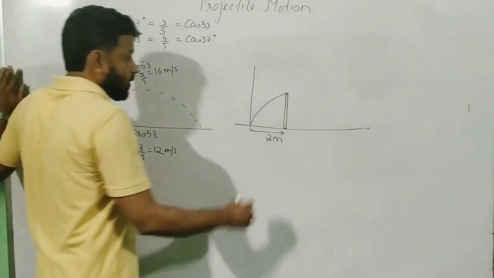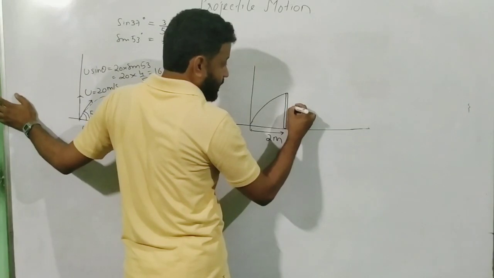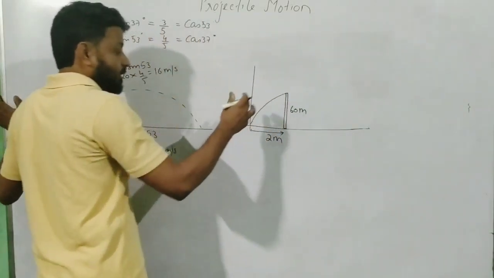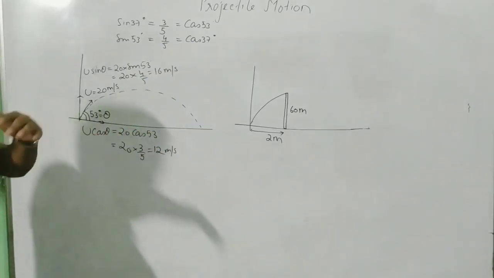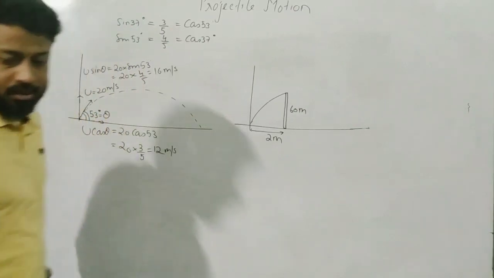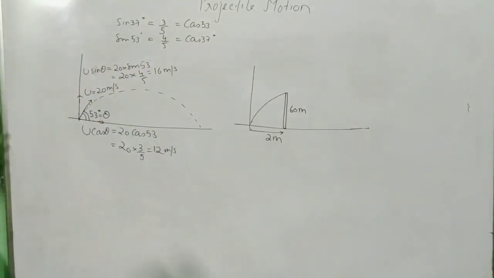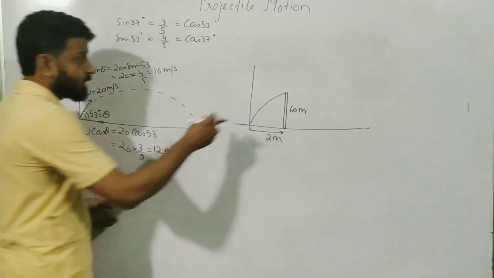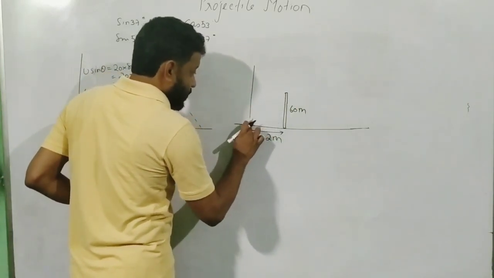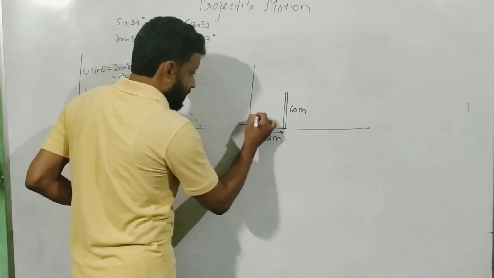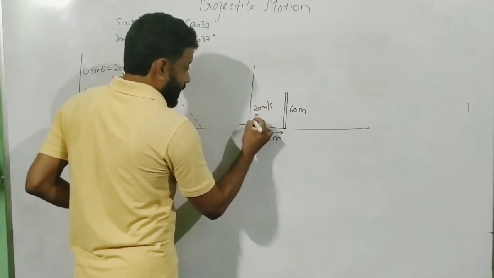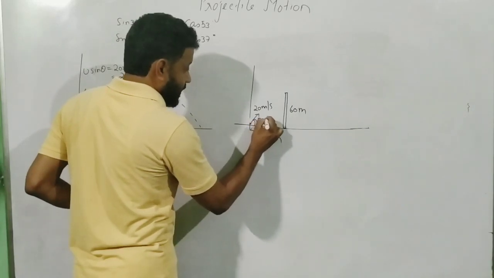There is a wall of height, let us say 60 meter. A wall is present at a distance of 2 meter, and that wall is having a height of 60 meter. I'm just exaggerating, no issue. At the end, we will learn the topic. Now, the question is this: if I project a particle with a velocity of 20 meter per second, let us say at an angle of 53 degree.